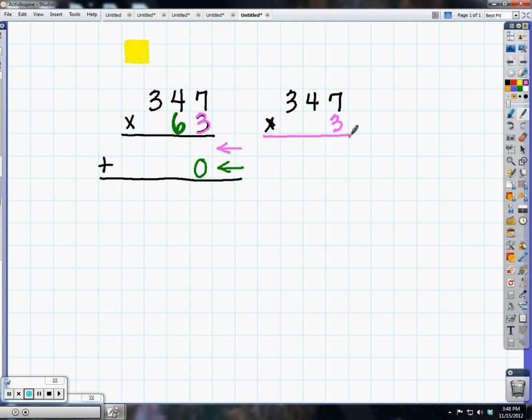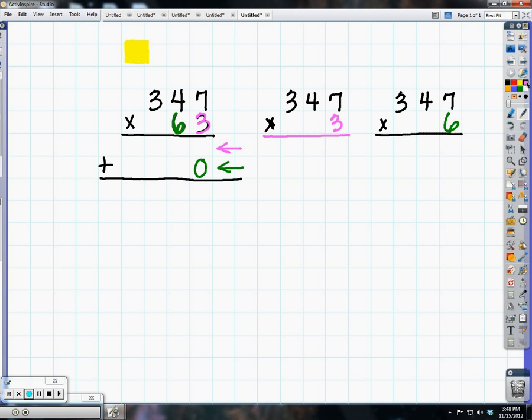That's going to go on the first line of work. The second problem is 347 multiplied by 6. That's going to go on the second line of work. Now notice I don't have to worry about my 0 because I've already got the 0 set up in the problem. So now it's just like working out two separate problems.